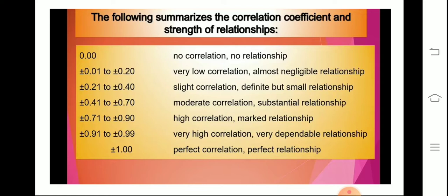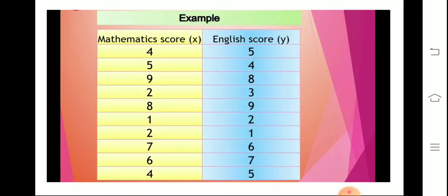If it is positive or negative 0.91 to positive or negative 0.99, it is very highly correlated, which has a very dependable relationship. If it shows positive or negative 1, it is perfectly correlated. It has a perfect relationship.